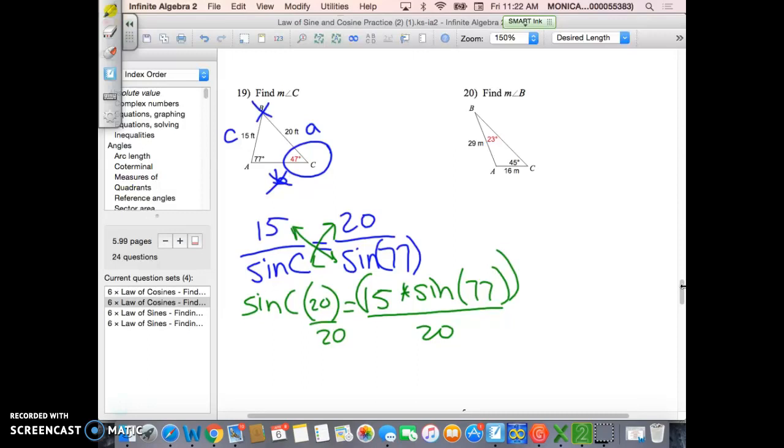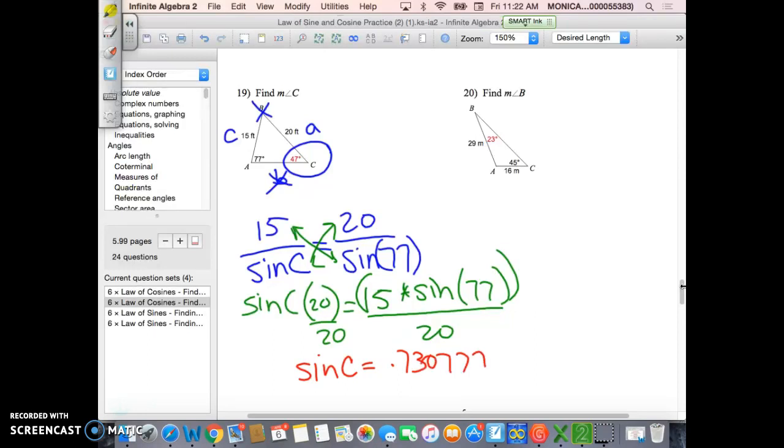So I'm going to do 15 times sin 77, close my parentheses, hit enter, and then I'm going to hit divided by 20. And I get this, sine of C equals 0.730 with a bunch of sevens, so on and so forth.